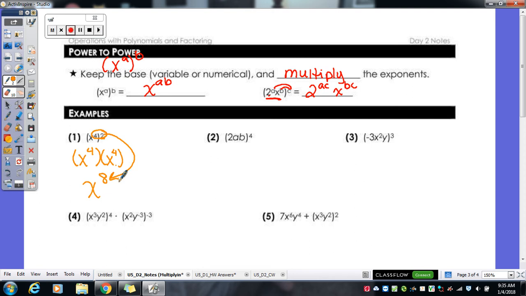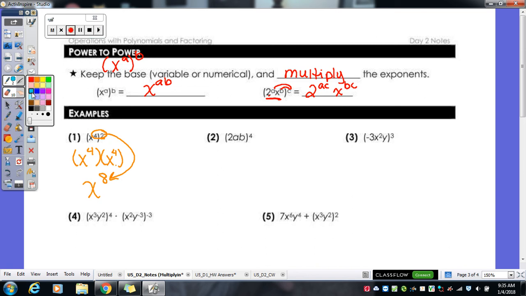So again, if your outside exponent is like a 10, you don't want to be writing that stuff 10 times and then multiplying. So they came up with a little shortcut there of multiplying your exponents. That was just me explaining why the rule is what it is.